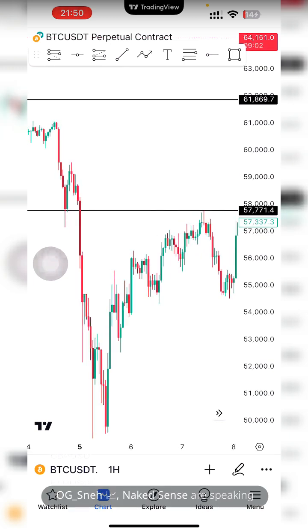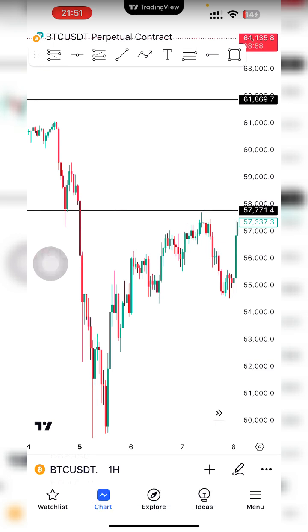Another thing you must know is that it's not all the order blocks you see that you must trade. We'll get to that too. There are order blocks that you must trade and others that you must not trade. There are things you must consider before you say, I want to use this one to trade, or this one does not meet the criteria, so I'm not going to use it.